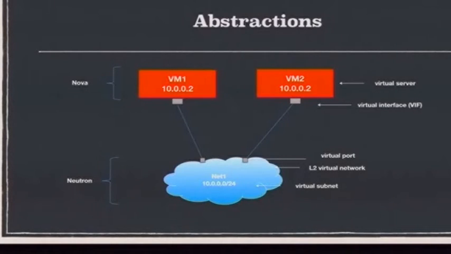Virtual subnet is a layer 3 construct we use for addressing and keeping track of the IPs. Virtual ports: think of them as a port on a switch. And when it comes time to wire a VM, we connect the virtual port to the VIF by essentially plugging in a logical cable between them and wiring them together.